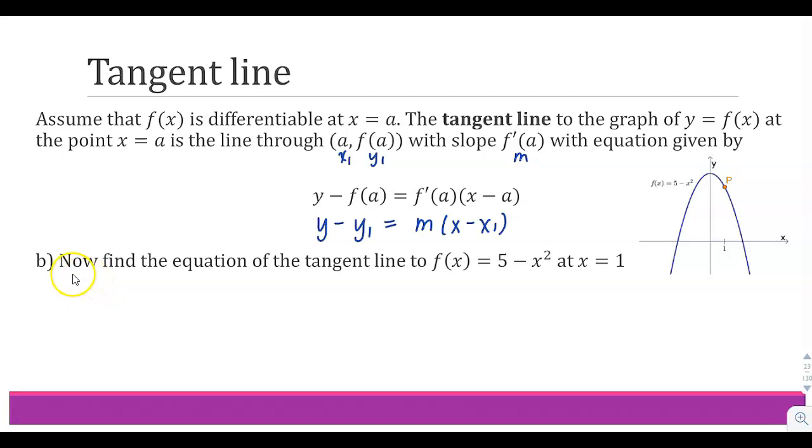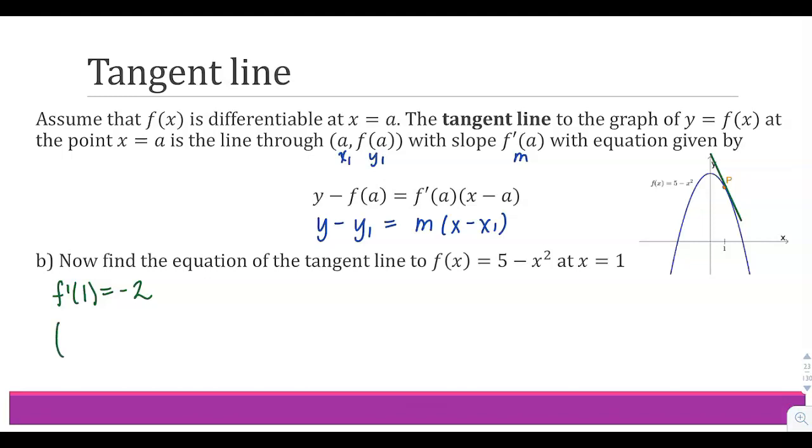So let's go ahead and complete this large example by now finding the equation of the tangent line to this function we were working with, 5 minus x squared at x equals 1. So we had sketched the tangent line over here, and we went ahead and found what its slope was. So its slope was -2, so I'm going to write that off to the side. Its slope, f prime of 1, was -2. So that's like my m value. And then I need a point.